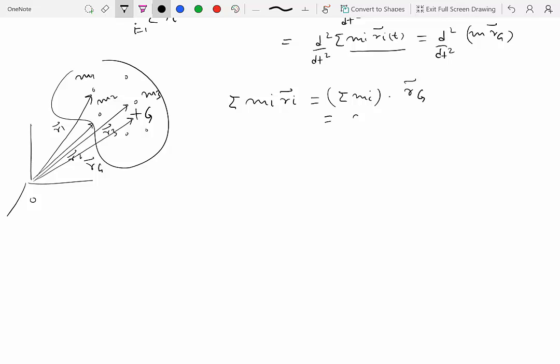So this quantity is equal to this, which is what we have over here.